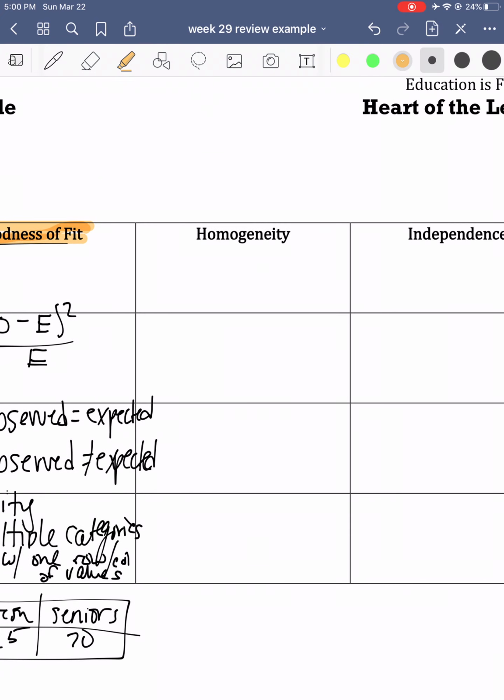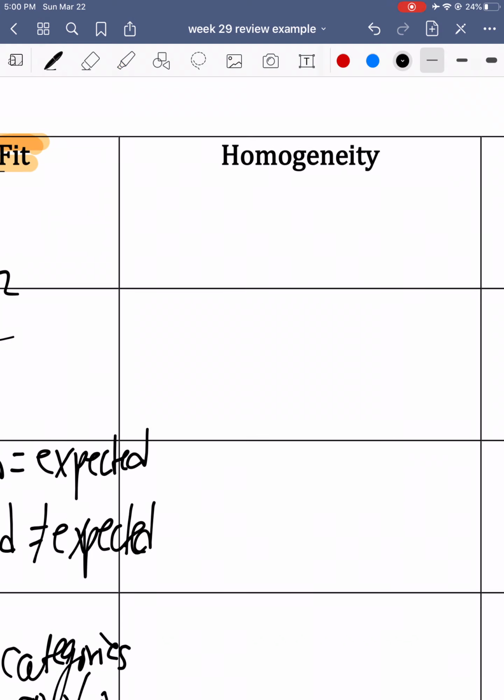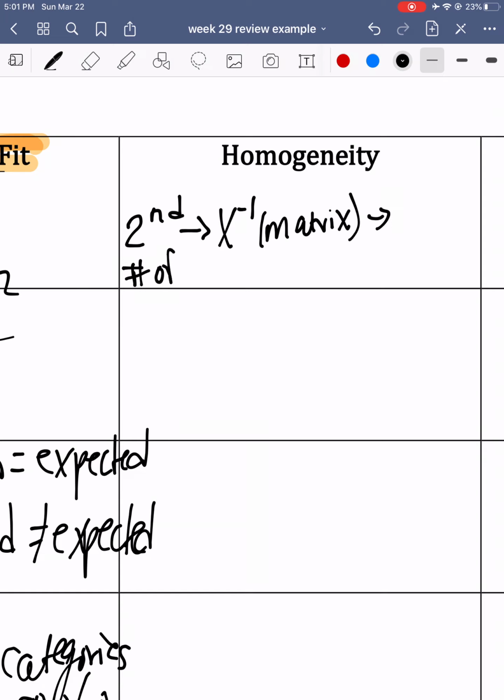Then for homogeneity, how do we find that test statistic? Well, we just do this in the calculator, but let's write down the steps that we do in the calculator, just so that we're all on the same page. I'm going to start up here so I can give myself a little bit of room. So we press second, go to x to the negative first, which opens up the matrix function. Then we're prompted to enter the number of rows and columns.